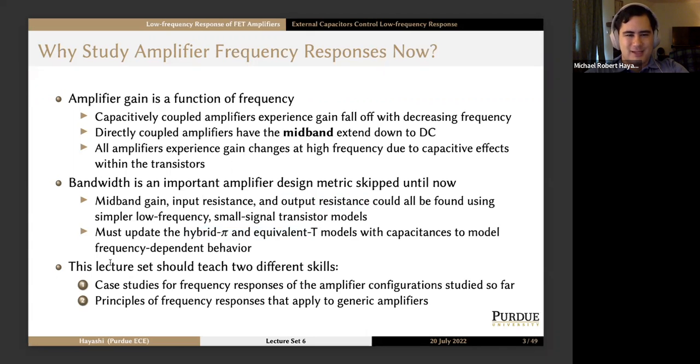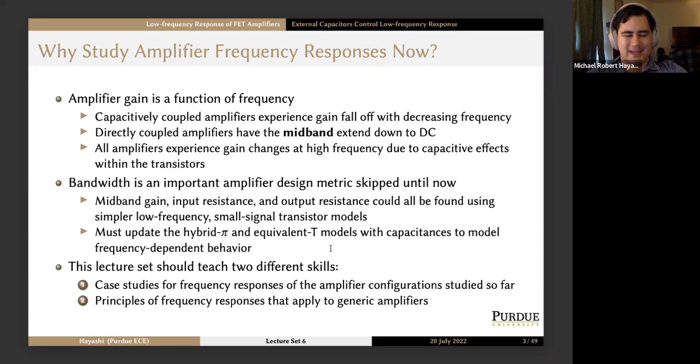So this lecture set is going to teach 2 different skills. It's going to do some case studies for the frequency response of amplifier configurations studied so far. People wanted more examples in the first lecture set. Again, that's somewhat hard to incorporate, because if I show you exact calculations for 3 different amplifier configurations, common source, common drain, and common gate, all I can do is change the external resistances or capacitances.